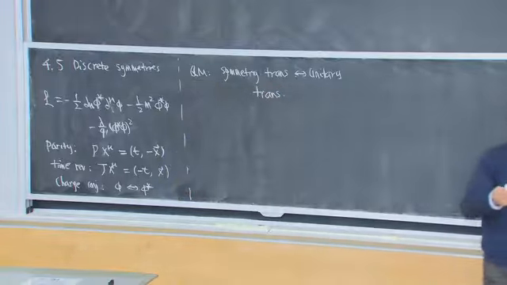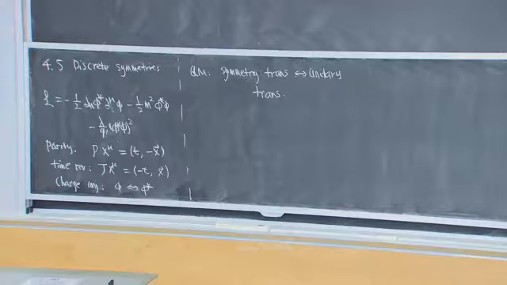We already have done that for continuous symmetries, and the same thing holds for the discrete symmetries. In quantum mechanics, the implementation of the discrete symmetries is also through some unitary operator.